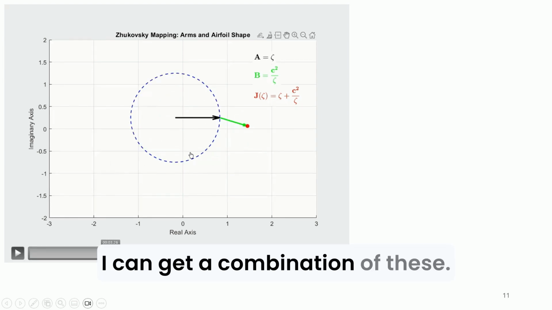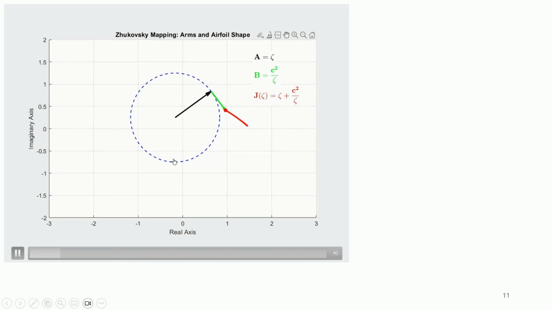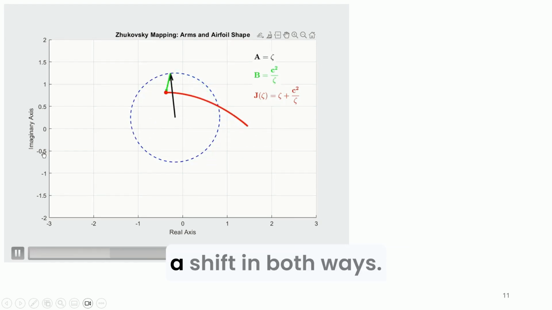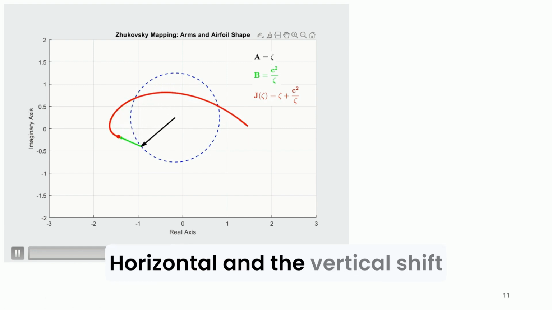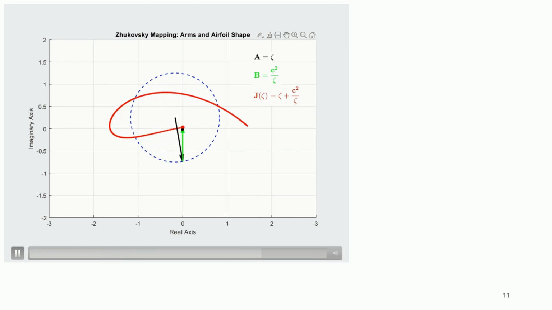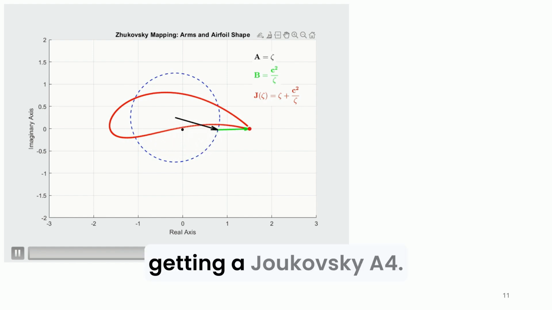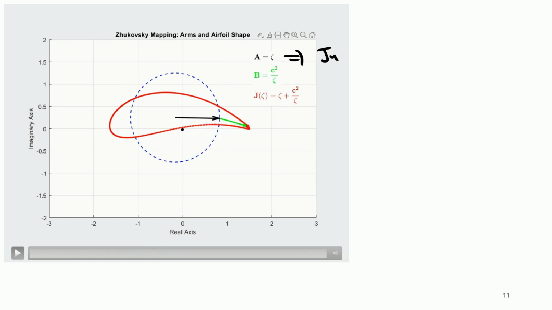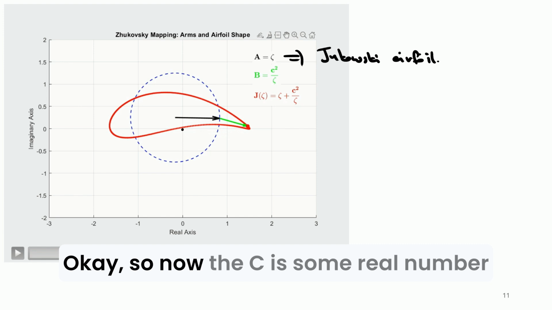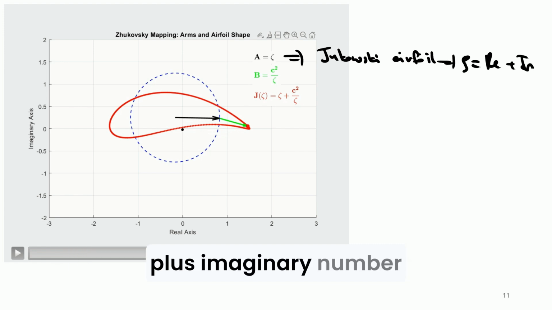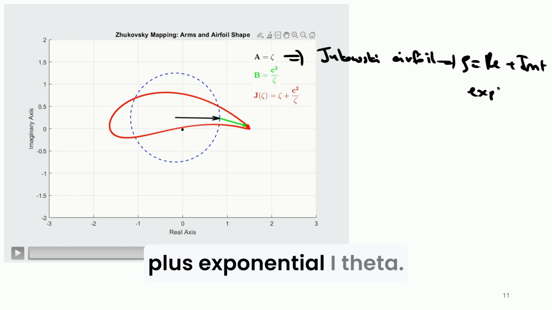I can get a combination of these. You can see that there is a shift in both ways, horizontal and vertical. I'm getting a Joukowski airfoil. Okay, so now zeta is some real number plus imaginary number plus exponential i theta.